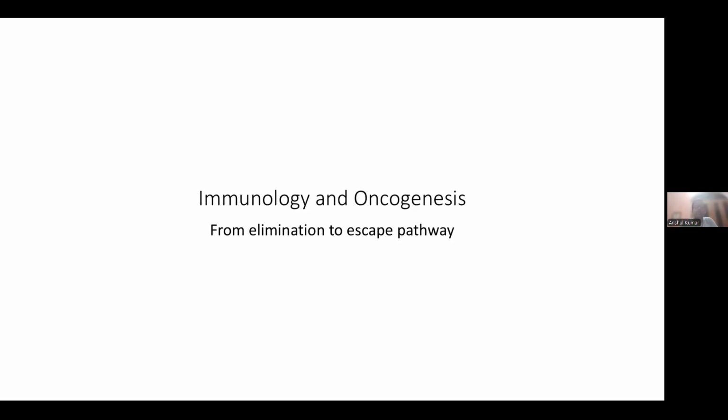So we will see whether our immune system checks any irregular or abnormal growth in the body, or whether these malignant cells escape this immune mechanism, or the immune system fails to recognize it.